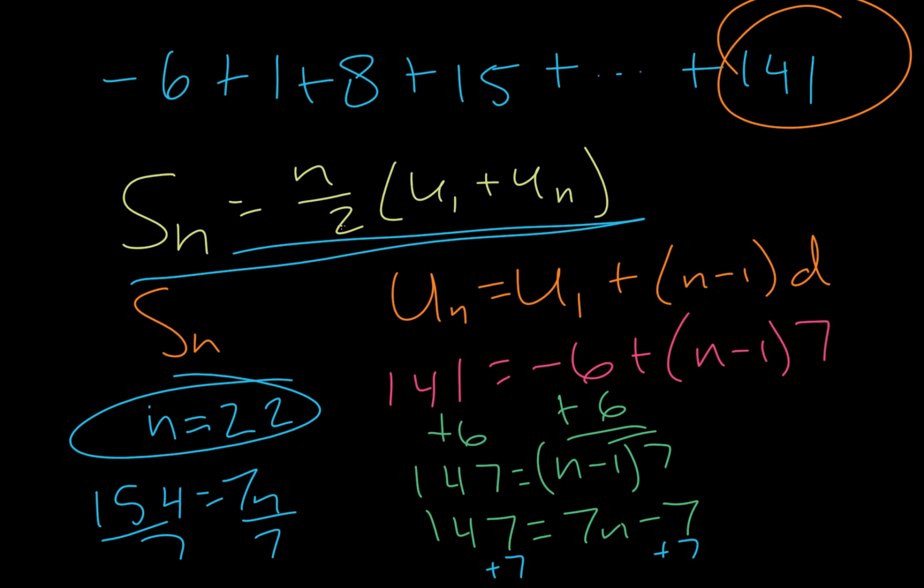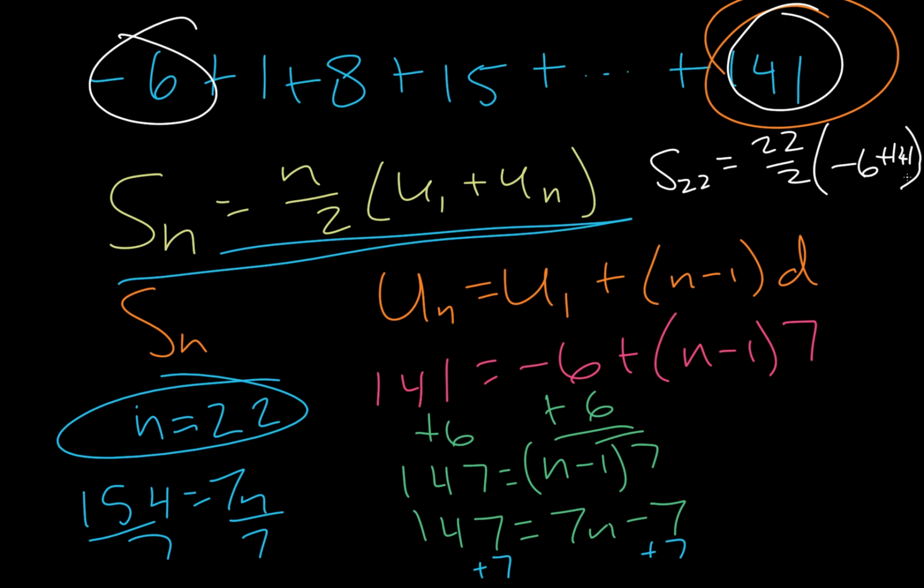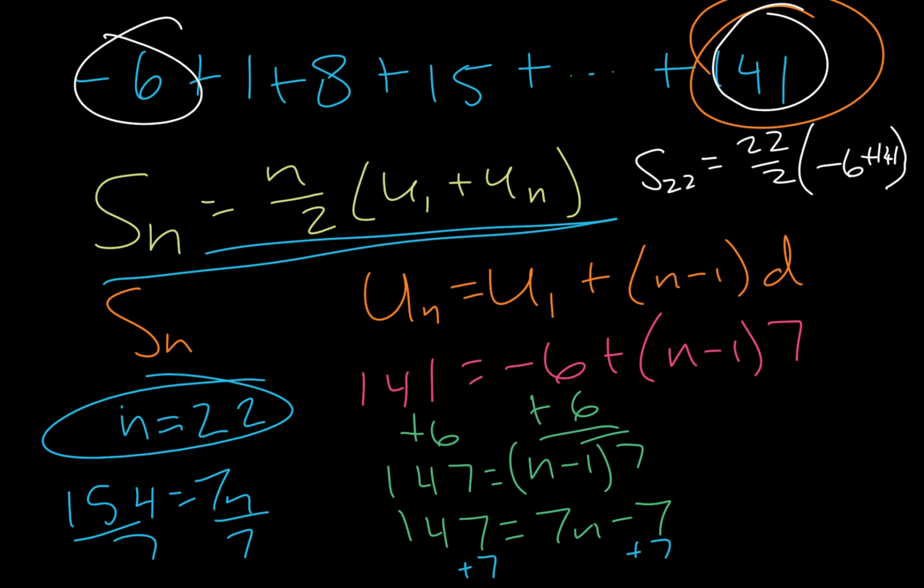So if we fill out that formula, we're looking for the sum to the 22nd term. That equals 22 over 2, and then we times that by the first term added to the last term. Now we just need to simplify that. 22 cut in half is 11.